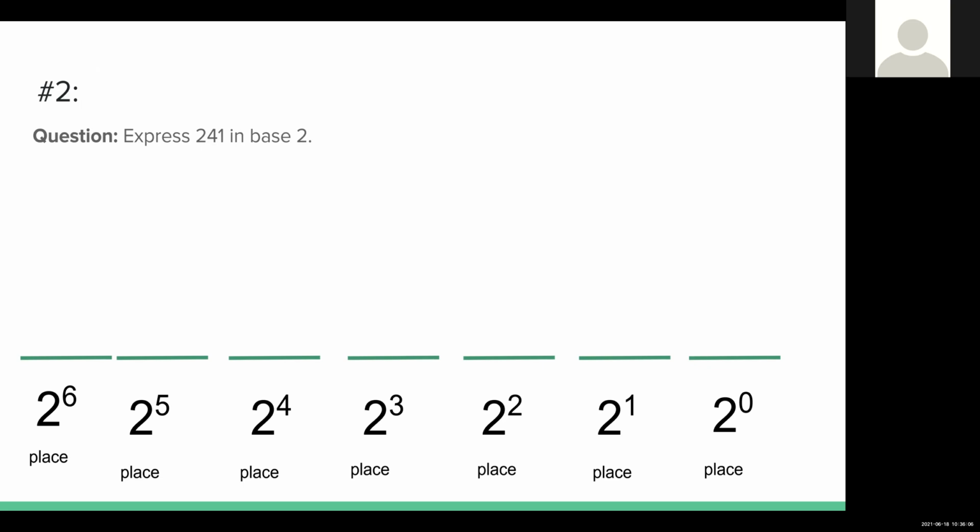I think the question might be a bit wrong, because the greatest power of 2 that fits into 241 isn't 2 to the power of 6. That's just the table on the screen to guide you. It is greater, yeah.